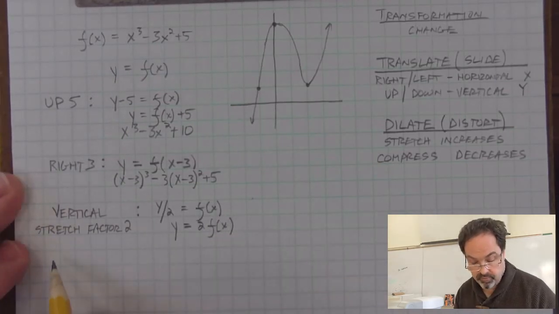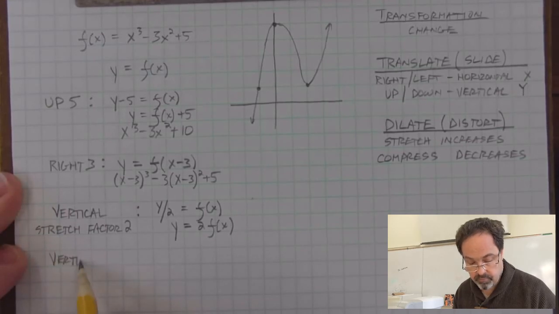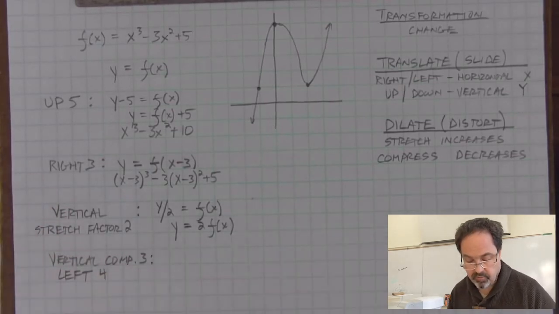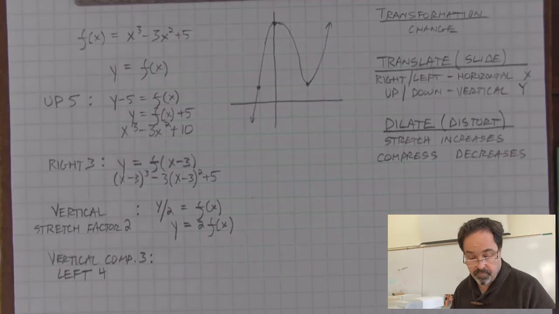Let's do one more. Let's consider a vertical compression. And at the same time, a second transformation, because we can do as many as we wish all at once, of left by 4. How does it affect the equation in general?